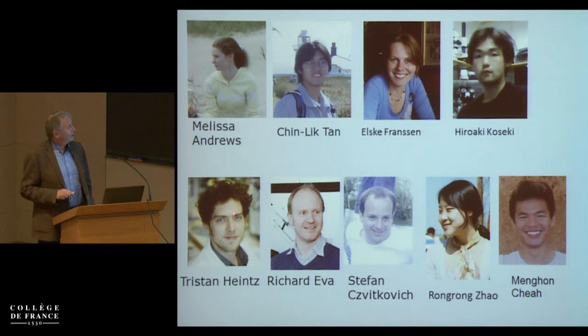So the people who did this work: the alpha-9 expression in the spinal cord was done by Melissa Andrews and Stefan Kvitkovich. Then we went on to the integrin activation experiments, which are done by Chinlik Tan, and the co-expression in the spinal cord of integrin and kindlin is being done by Meng Hon, who's still in the lab, just finished his PhD.